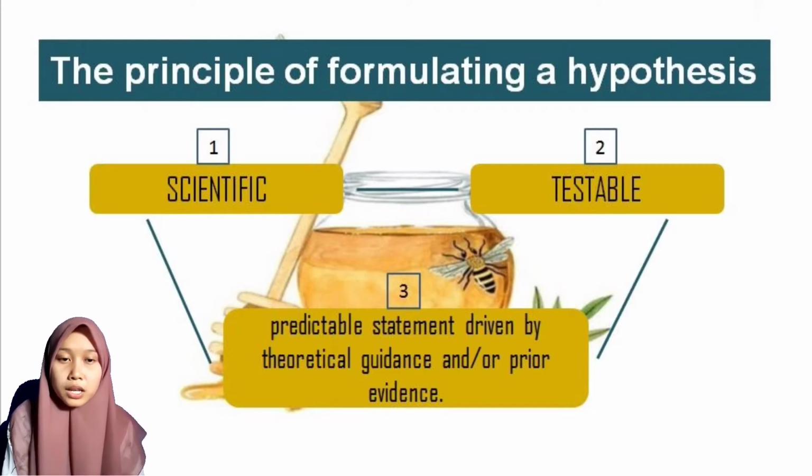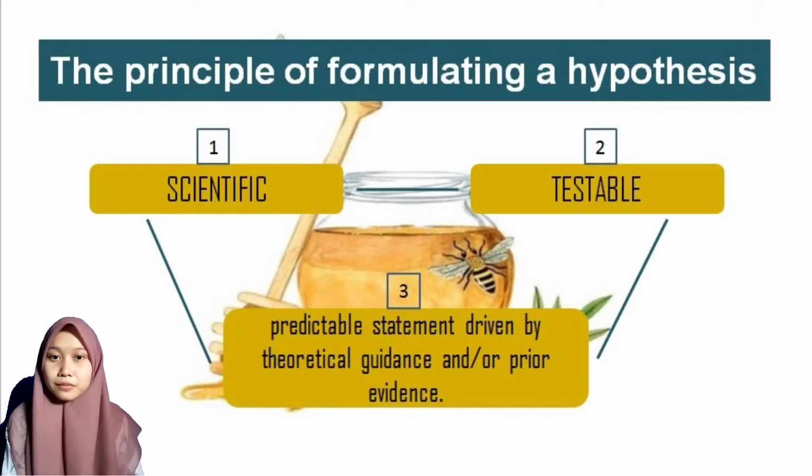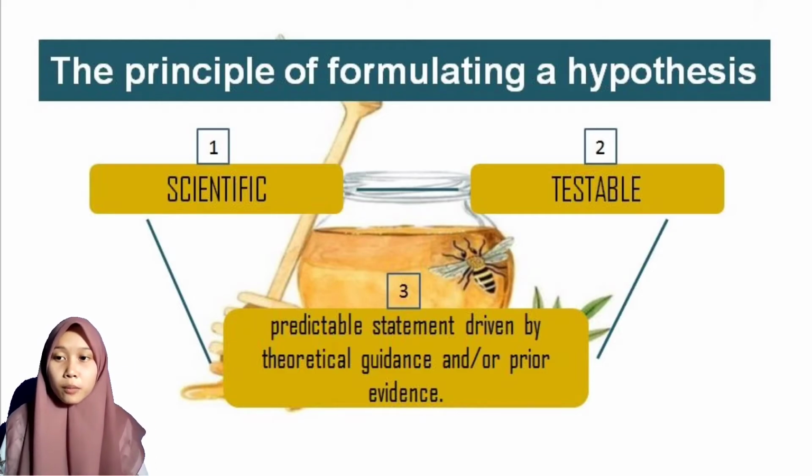For example, if dogs' muscles twitch when they sleep, then they are dreaming. Okay, the last one is predictable statements driven by theoretical guidance and or prior evidence. It means that our hypothesis must be based on theoretical guidelines that have been carried out previously.